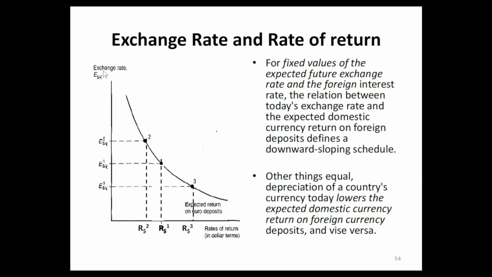Here is the exchange rate and here is the rate of return, so they have an opposite, or negative, relationship: the higher the exchange rate, the lower the rate of return, for dollars per euro. So other things equal, depreciation of the country's currency today lowers the expected domestic currency return on foreign currency deposits, and vice versa, right?